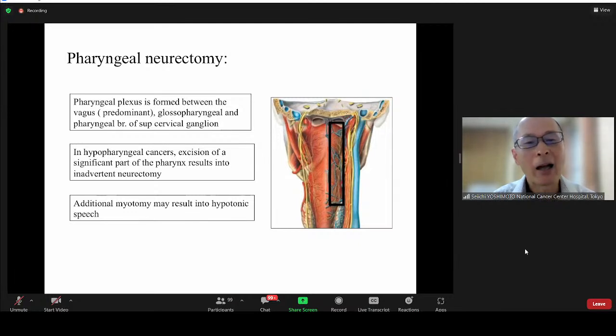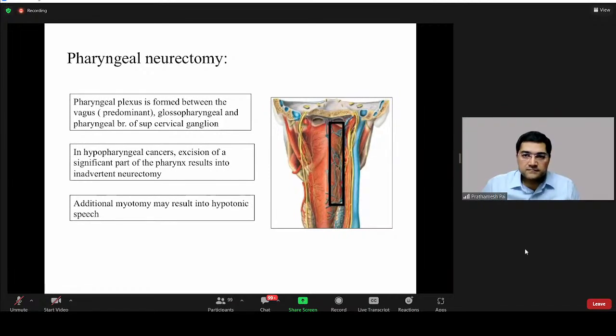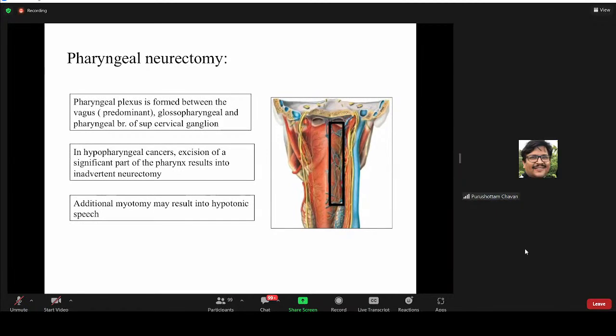So I don't know whether the neurotomy is better or the myotomy is better. But in Japan, the patients usually have the problem of too much tension for the shunt voice, making a shunt voice. So that's why we always do the myotomy first. That's all.